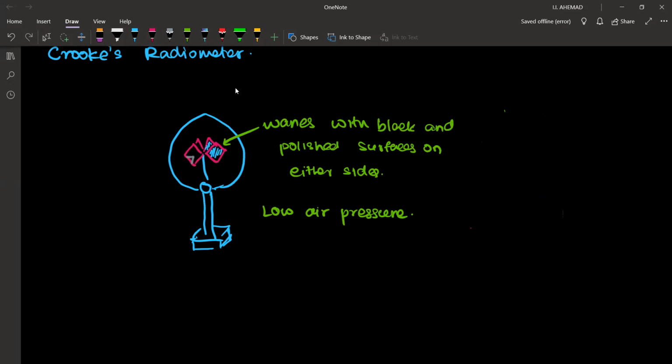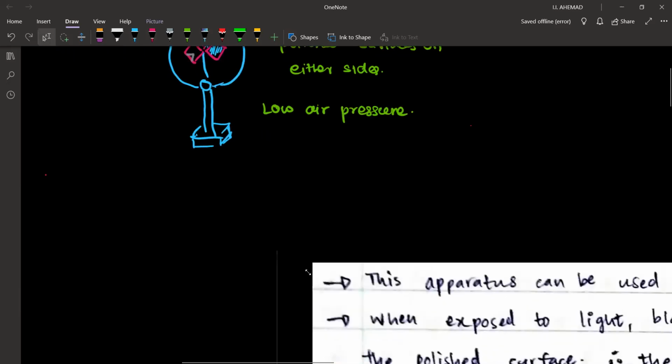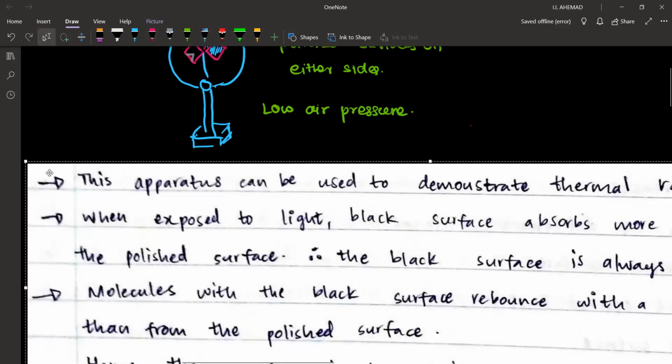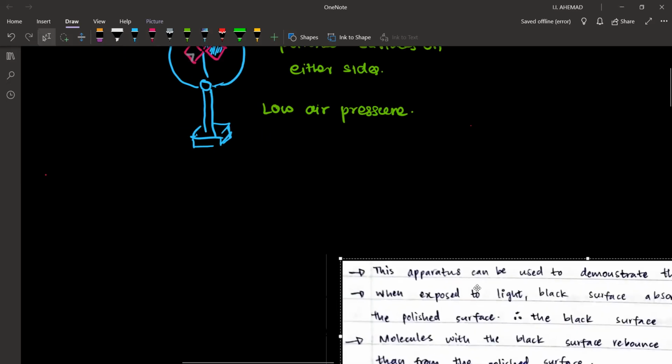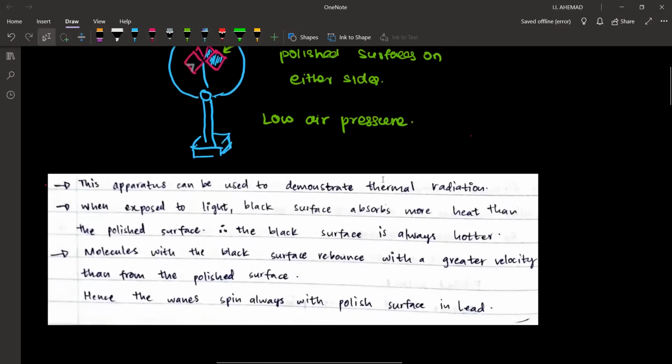So draw this diagram. Write these points and see if you understood.